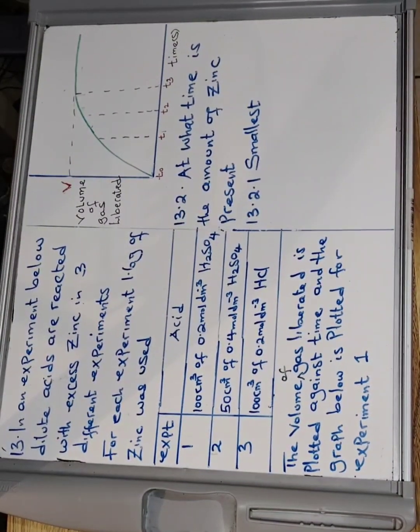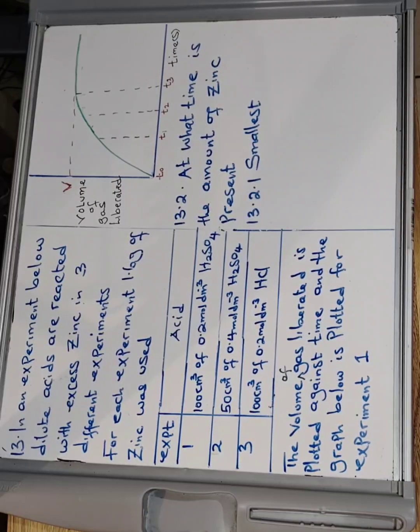Then comes this question, 13.2. It says, at what time is the amount of zinc present smallest? Okay, this one we go back to the same explanation we gave before. What happens when 2 reactants are put together to react? They react. So as they react, they decrease in amount because they are reacting to form the products.